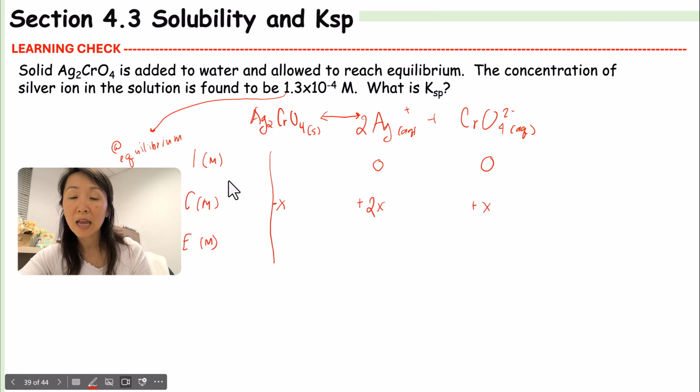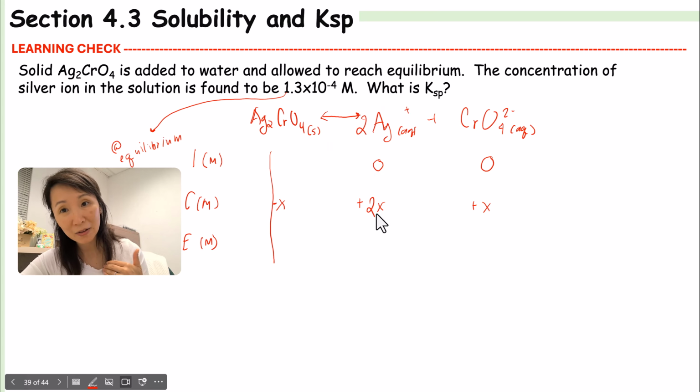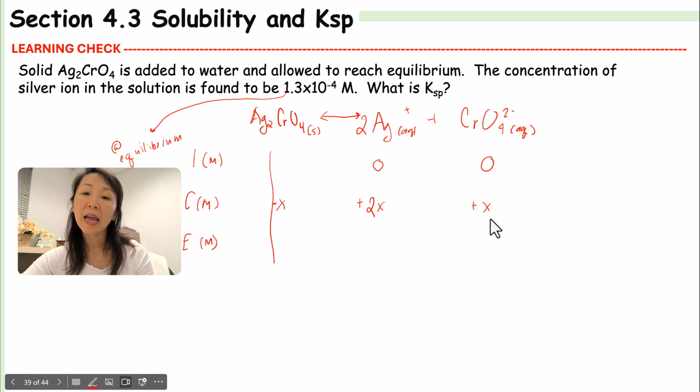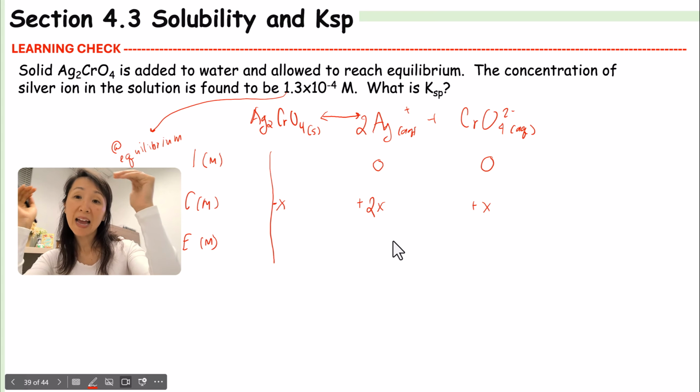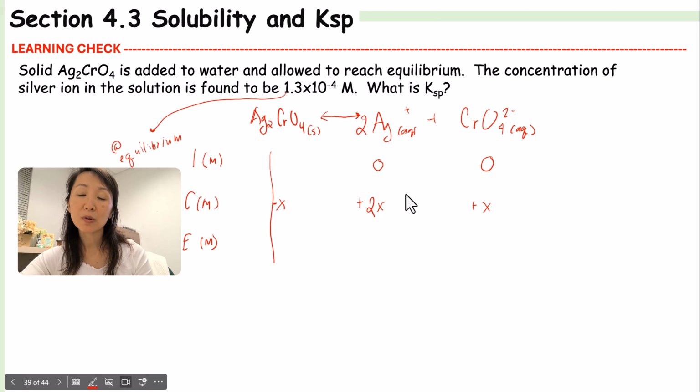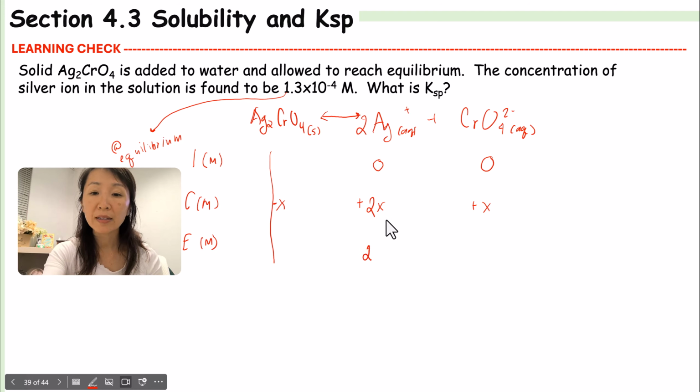That's because you need to make sure that coefficient follows through to the 2x. It means every 1 mole of silver chromate that is used, you will generate 2 silver and 1 chromate ions. Now at equilibrium, we add the I and the C together. So 0 plus 2x is just 2x, and 0 plus x is x.